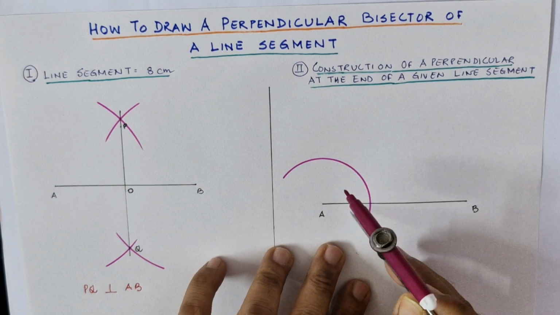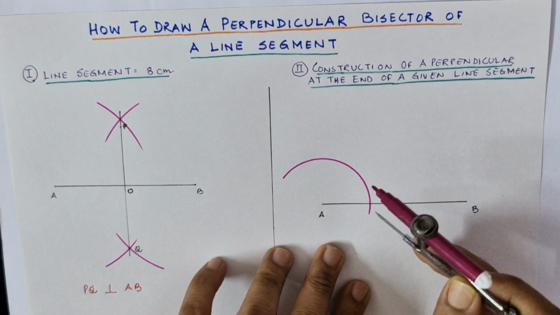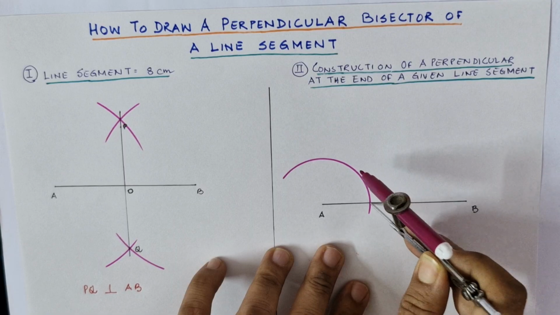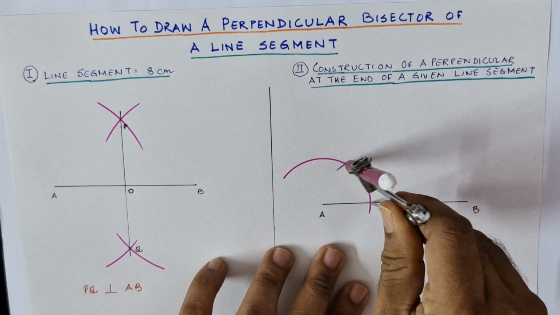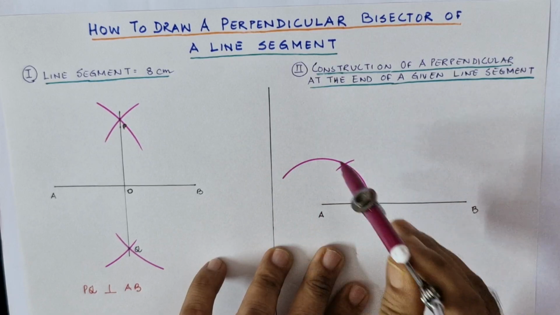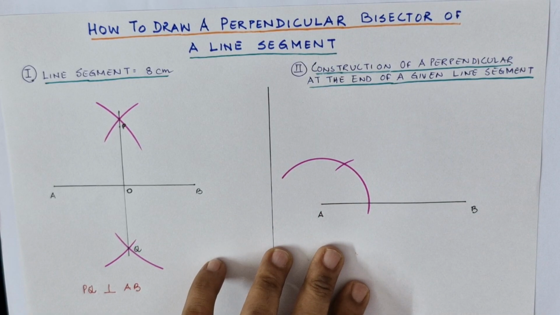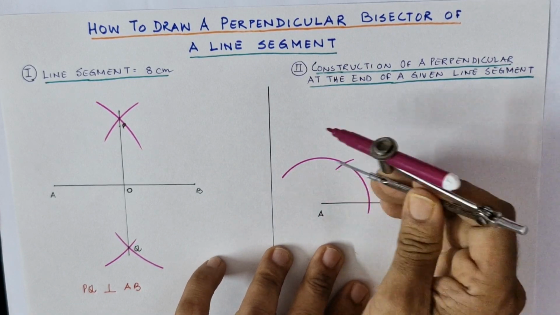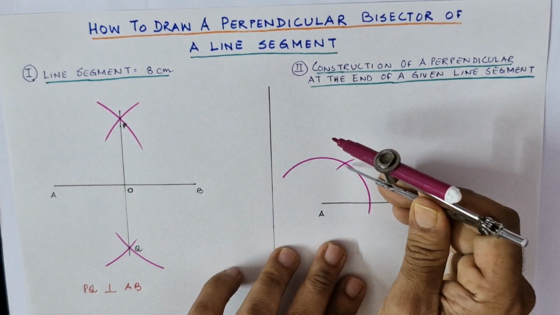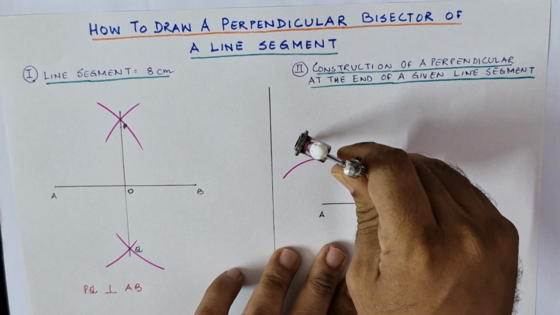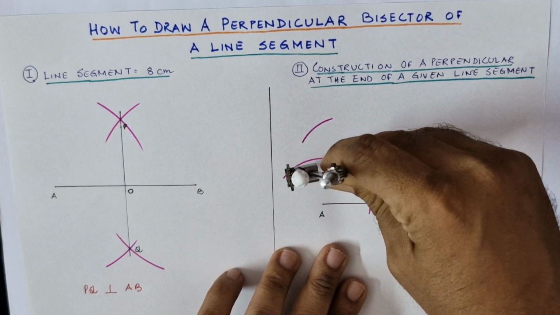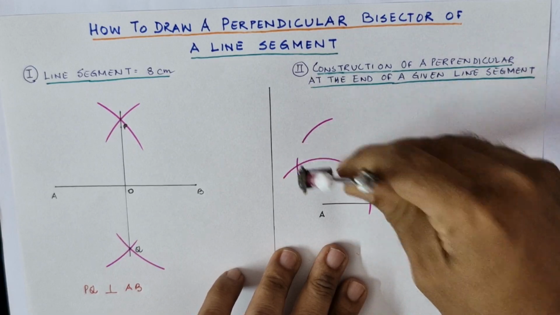Point it here at the intersection of this curve and the line segment, and draw an arc intersecting this arc that we have just drawn. Got it? Take this point as the center, the intersection point, right? Draw an arc here and another one here.